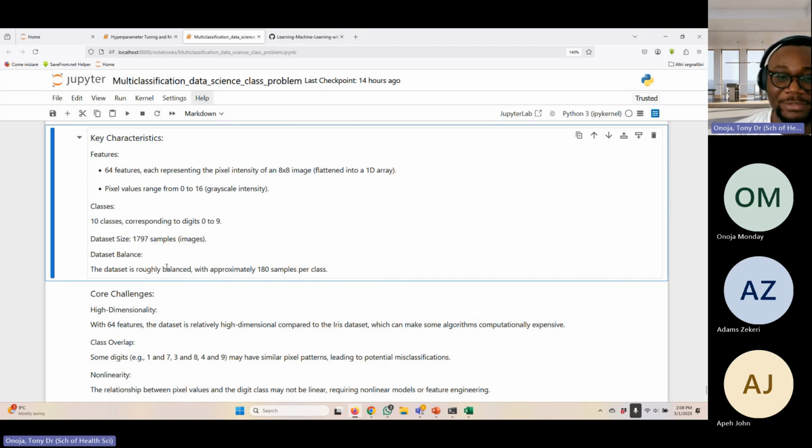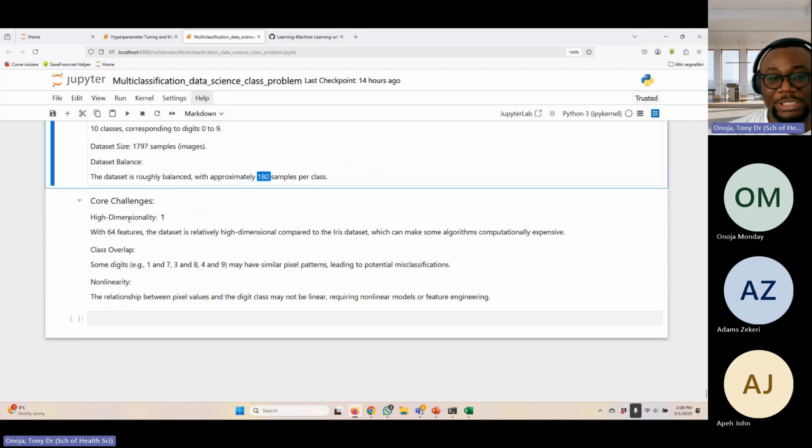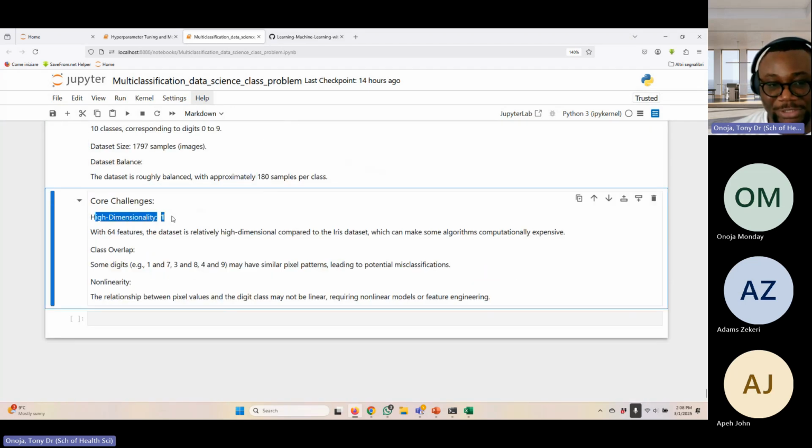And then the dataset is roughly balanced. It means there are a few classes that are not, but roughly, in each class we have around 180 samples. So the core challenge is that there is high dimensionality because we have 64 features.